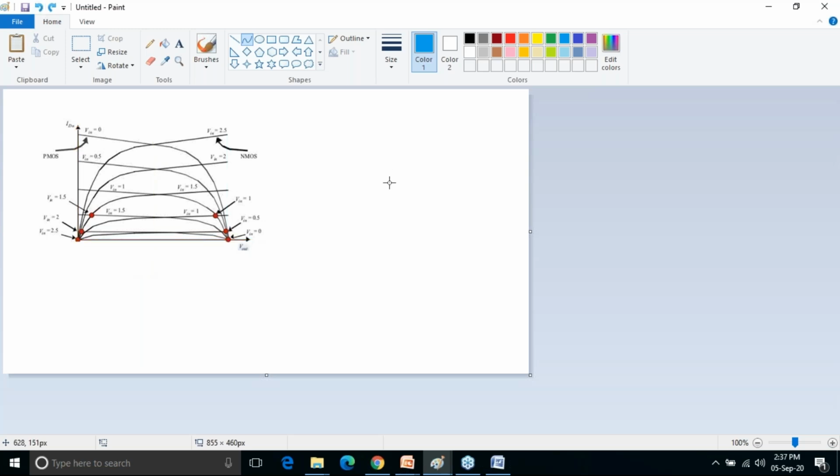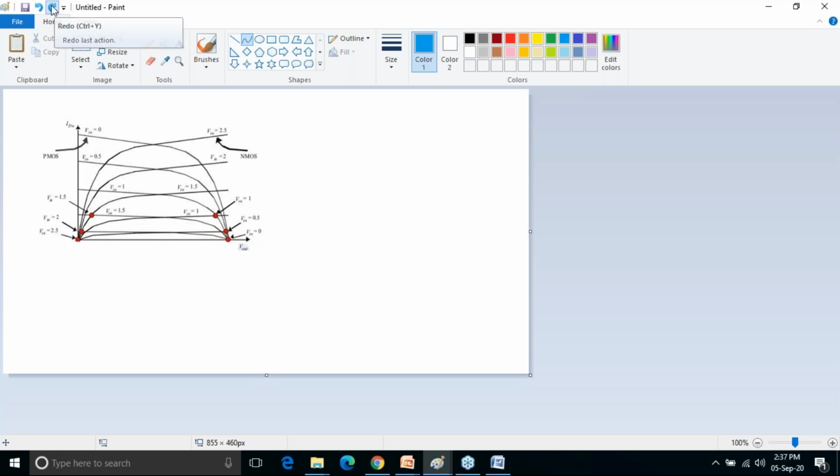Here you are able to see the graph, which I have copy pasted directly. Now I am moving further on how to draw it, and in the same way you need to draw it in your notebook, because this will be an assignment question: explain the CMOS inverter in detail. So everything you need to draw properly.